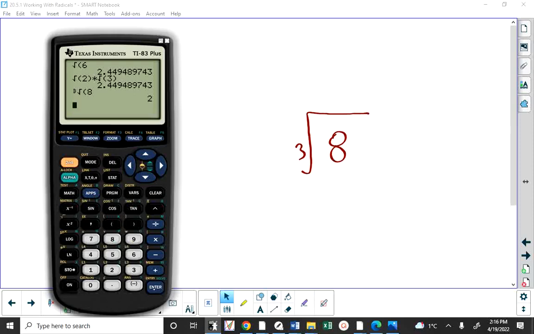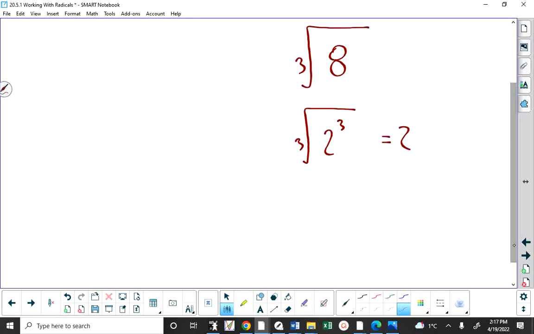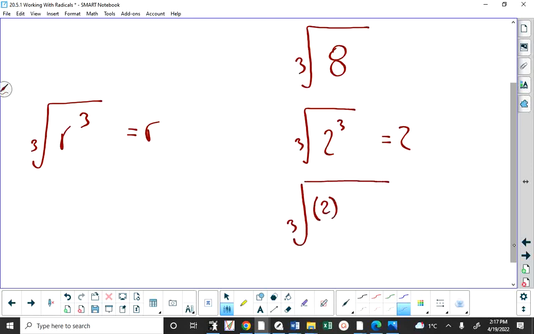And what this means, everybody, is that the cube root of anything cubed will give you that thing, right? And what does it mean to say something is cubed? Well, it means this, doesn't it?